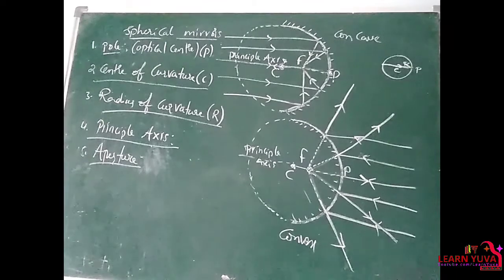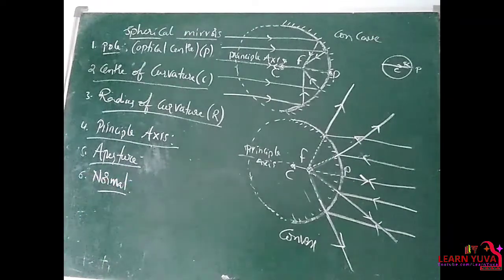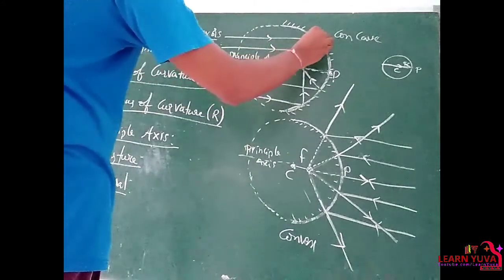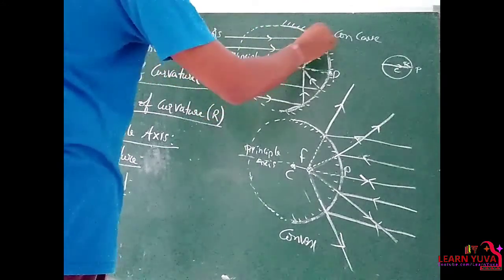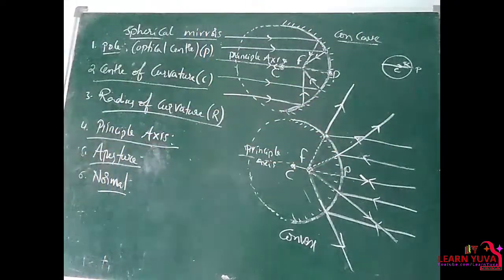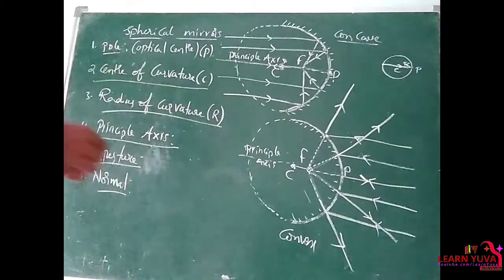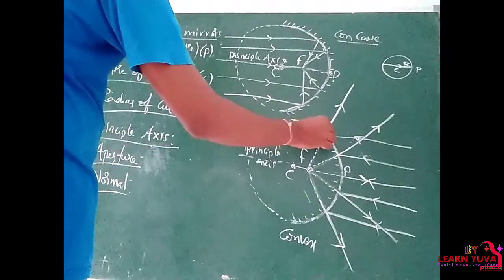And next one is normal line or normal ray. A normal ray is the line joining the point of incidence and the center of curvature.